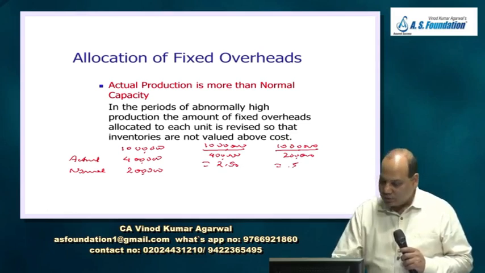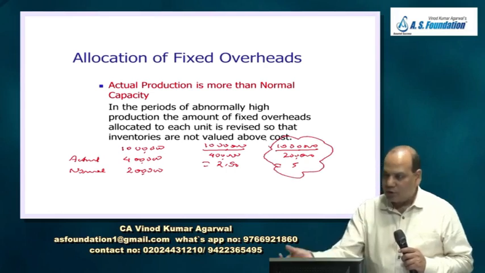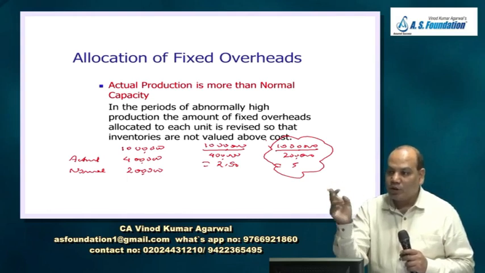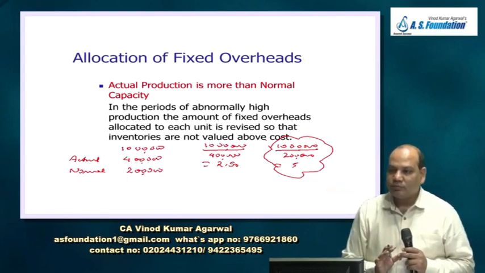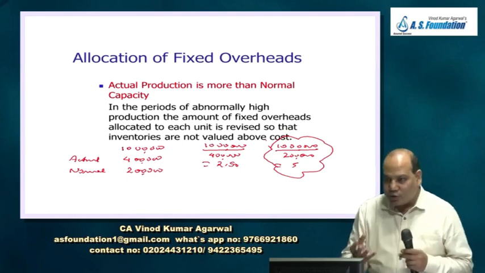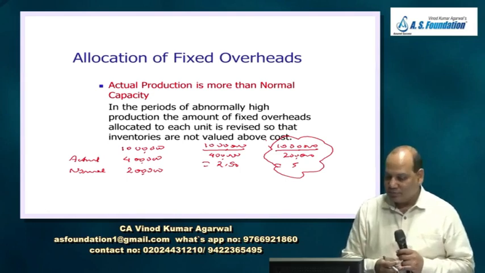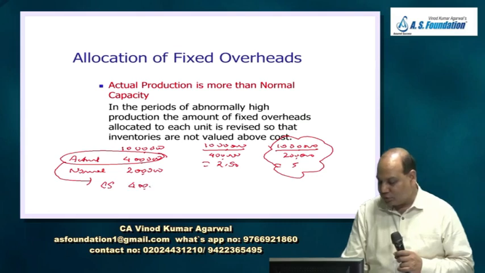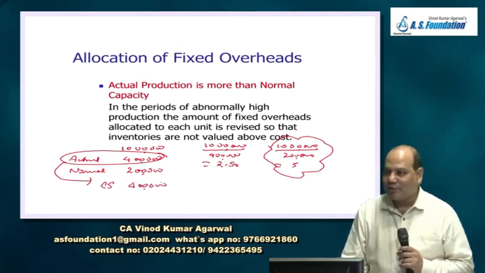Two reasons, understand. One, if you use 5, your inventory will be valued more than what you have actually incurred. But one more problem will arise here. You will over absorb the overheads. You will absorb the overhead more than what you have incurred. Let us assume for the time being that your entire 4 lakh units are in your closing stock. For the time being, assume you have not sold the inventory.